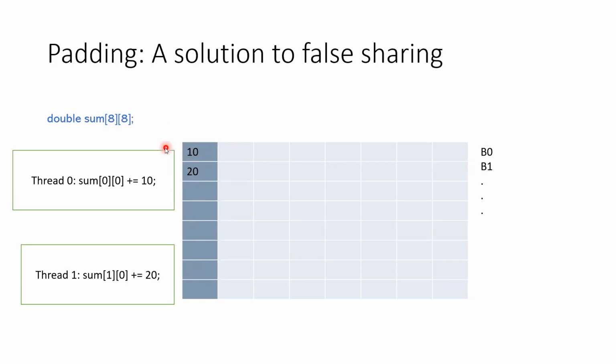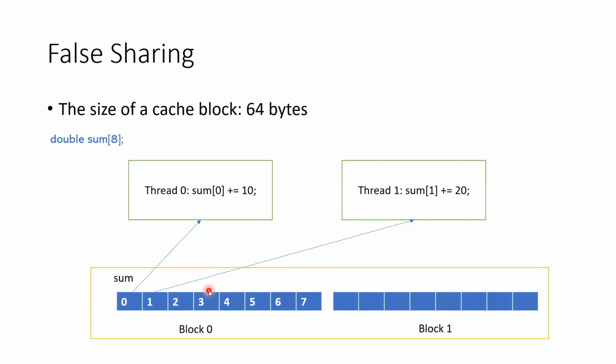So thread 1 will be operating on this cache block, only the first location, and the others are wasted. They are just padded up without any use, so that you don't have any false sharing. And if you write your code in this fashion, you will get better performance than the one which we have implemented.